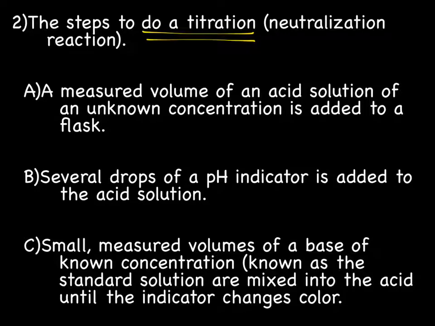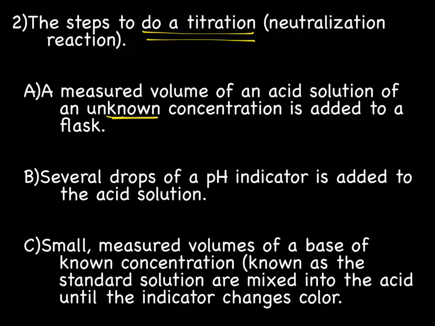Right now I'm not talking about what you would do with a piece of paper and a pencil. I'm talking about a real reaction, okay? A measured volume, meaning a certain amount, of an acid solution of unknown concentration is added to a flask or a beaker.